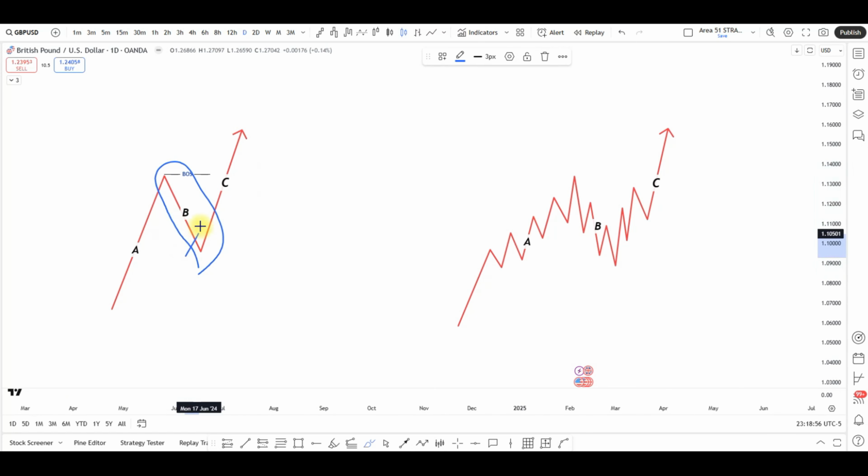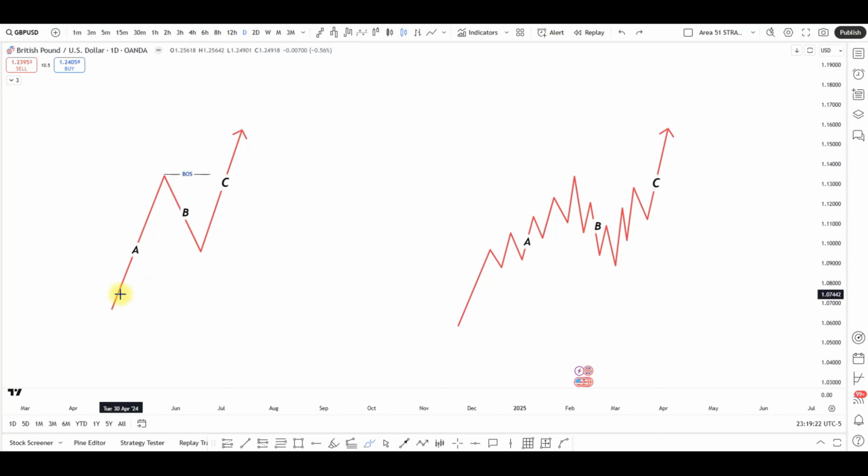And then this is a continuation move. 1, 2, 3. Your job as a trader is to know what you're dealing with: if you're dealing with an impulsive move, a temporary corrective move, or a continuation move. This is very important.